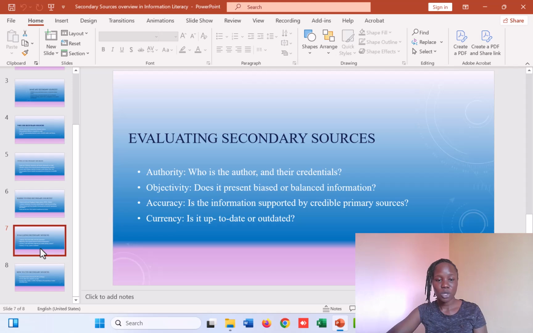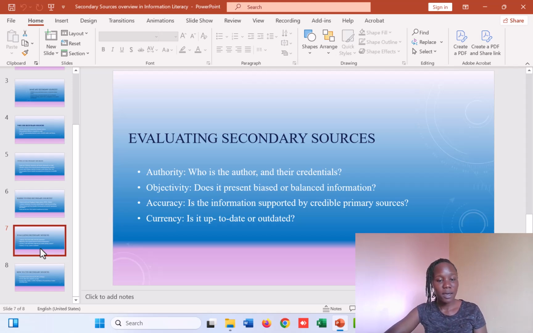Also, we have to know the objectivity. Does it present biased or balanced information? This is a question we have to ask ourselves. Another thing is accuracy. We shall find out if the information is supported by credible primary sources. These are some of the things we use in evaluating secondary sources.